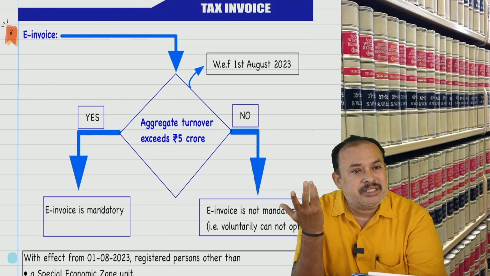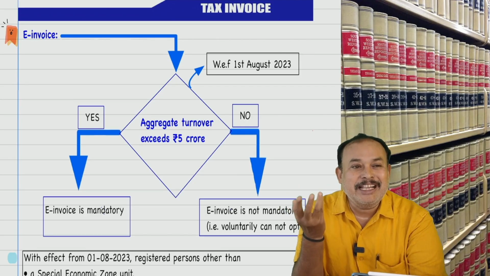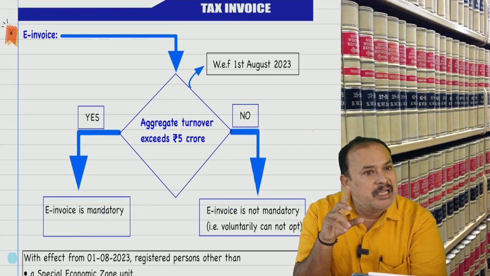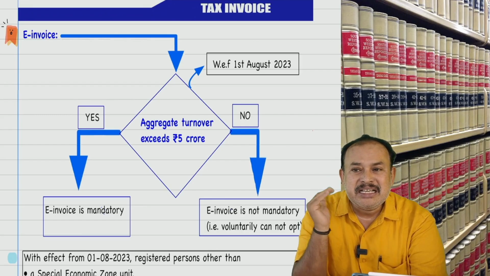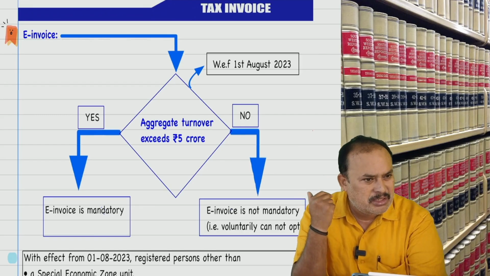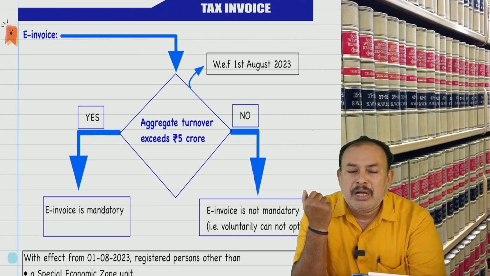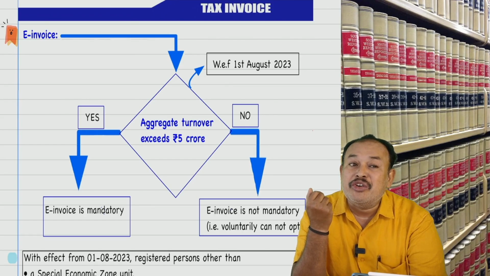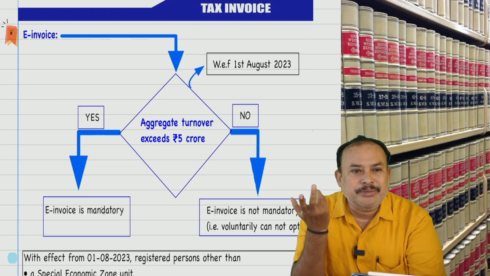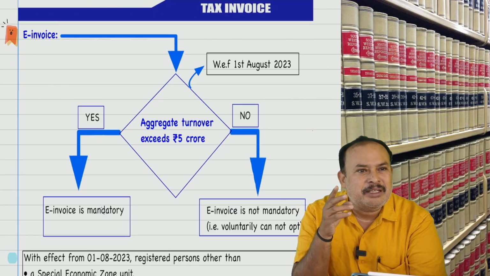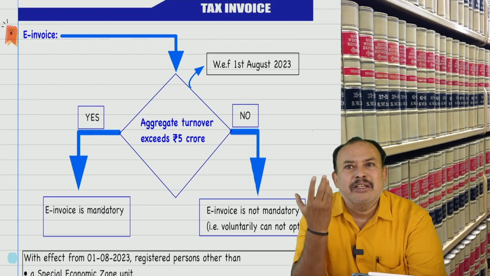One is the QR code, namely quick response code, followed by IRN, invoice reference number. Speak out. Invoice reference number. The other one is QR code, quick response code. You get my point, sir? These two things are extra.